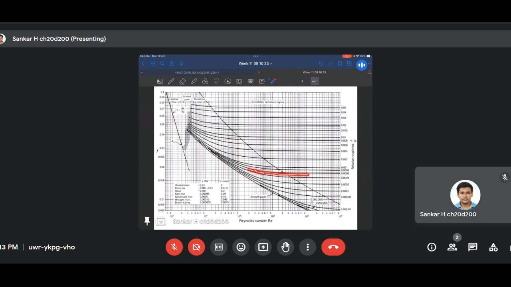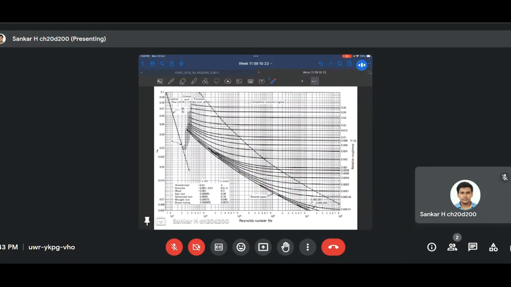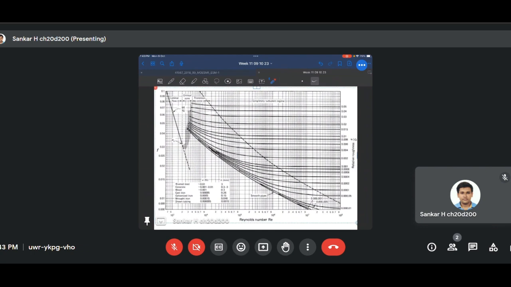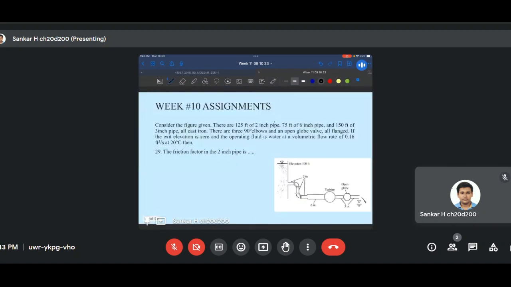And it would meet 1.13 somewhere here. And if we extend that, we'll get a friction factor of somewhere around 0.02 to 0.03. Okay, so we can write the friction factor f to be equal to 0.025.